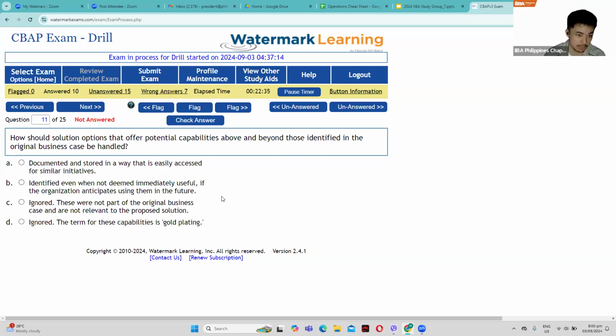The term for these capabilities is gold plating. Extra features. How do you treat the extra features?